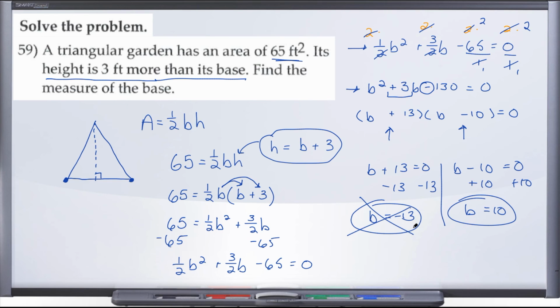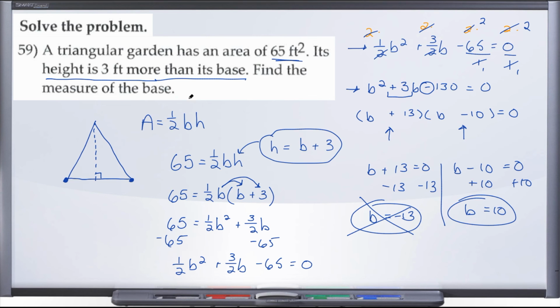No, of course not. You just walk 13 feet or you walk 10 feet. So because we had two answers, which you would expect from a quadratic equation, but one was negative 13, and we're dealing with distance, go ahead and drop the negative answer because you can't have a negative distance. That leaves us with only one possible answer, which is the positive answer, and in this case, 10.